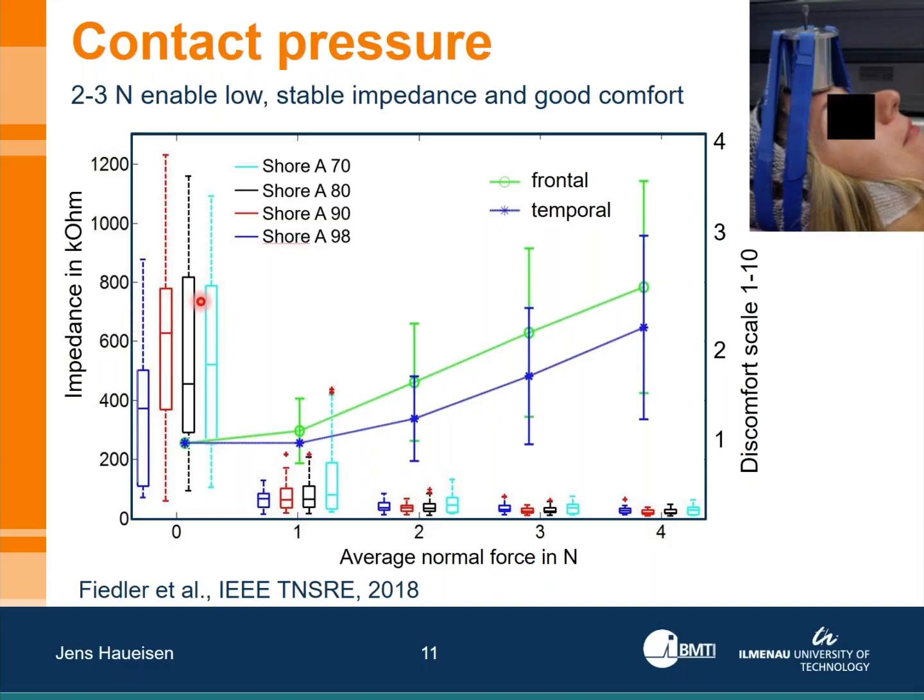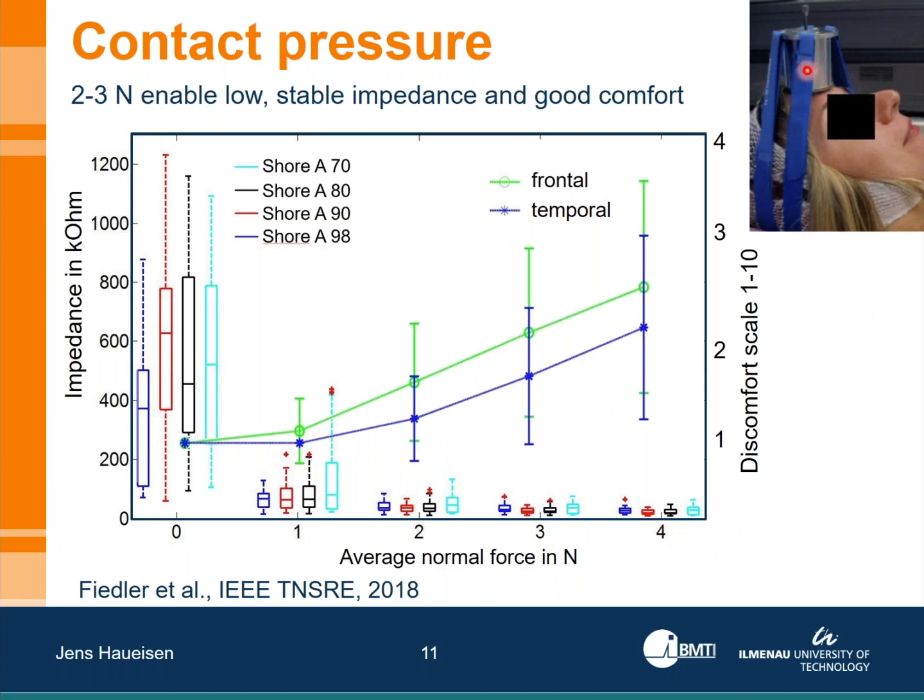And that is something which we did here in a study in 2018, where you see on the y-axis the impedances indicated on the left side, and you see that we changed the normal force, and we did this for just placing the electrode and then applying 1, 2, 3, 4 Newton.